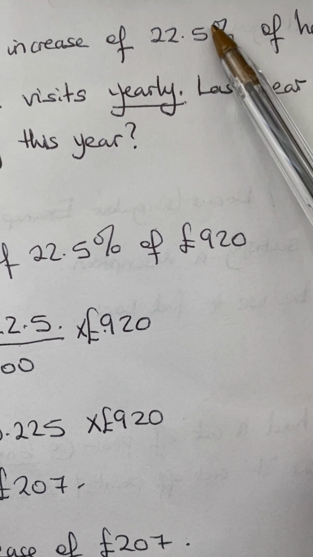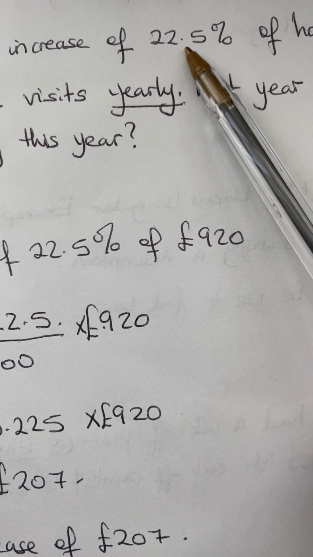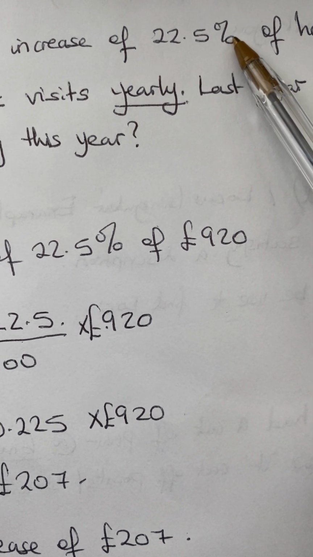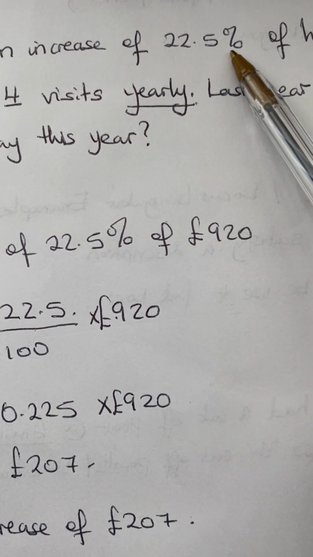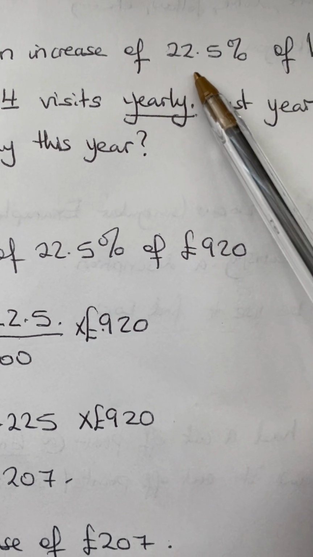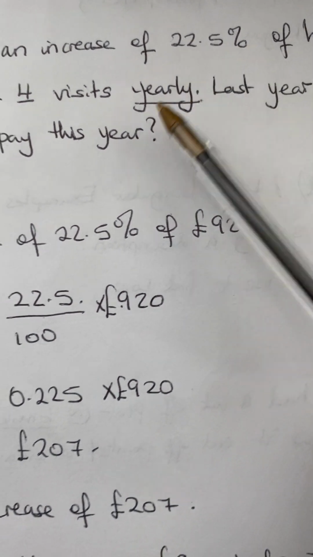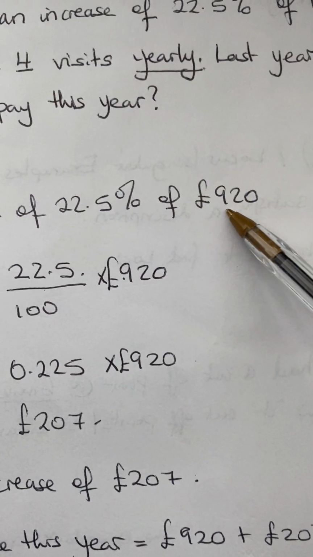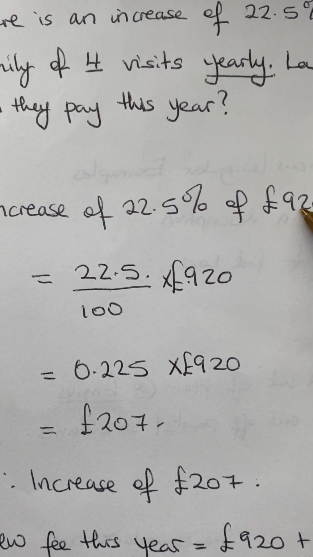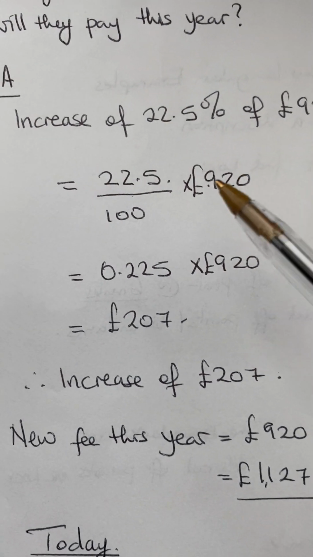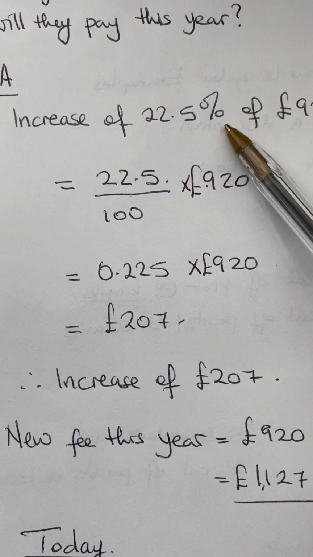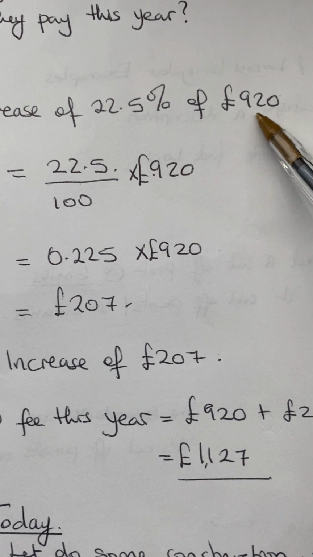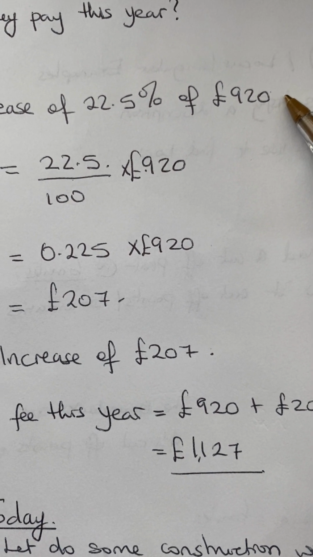Now, this year, there is an increase in fare and in the package of 22.5%. So we are going to find 22.5% of this increase, and then add it to what they paid last year. So increase of 22.5% of £920.